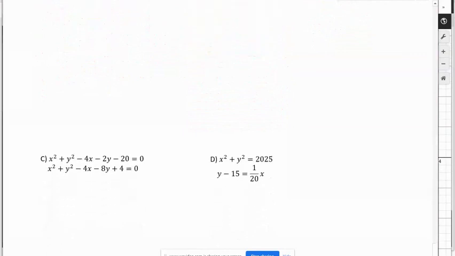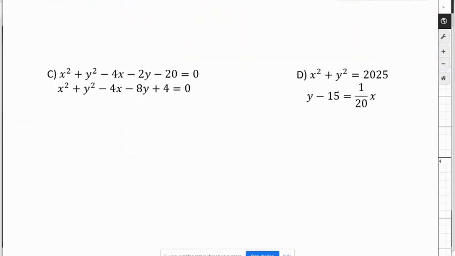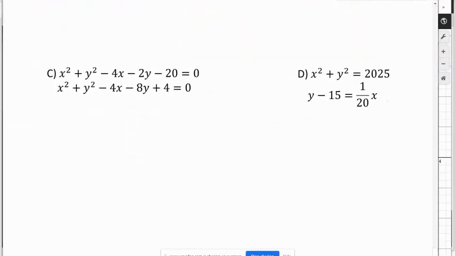Okay, for the next example, this time we have, looks like, two circles. I can tell that they're both circles because x and y are squared, and the coefficients of both are 1. So there's a 1x squared and a 1y squared, which makes those both circles. We could possibly do some kind of substitution, but it would be hard to get any of the variables alone.